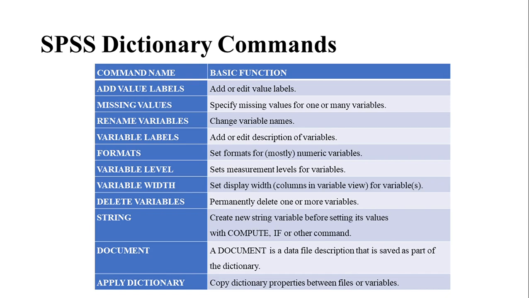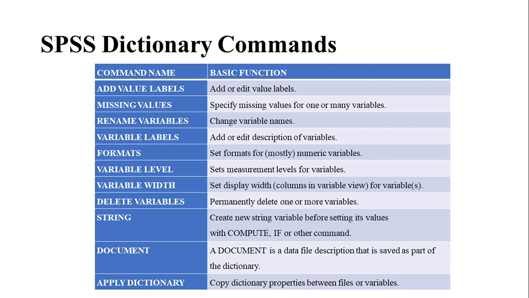So if we have missing data, we use these dictionary commands to help us obtain better conclusions. Dictionary commands are also used to repair corrupt data, so that we produce good research which is not biased.